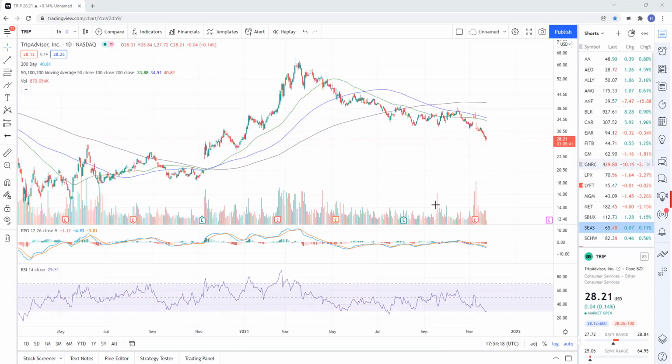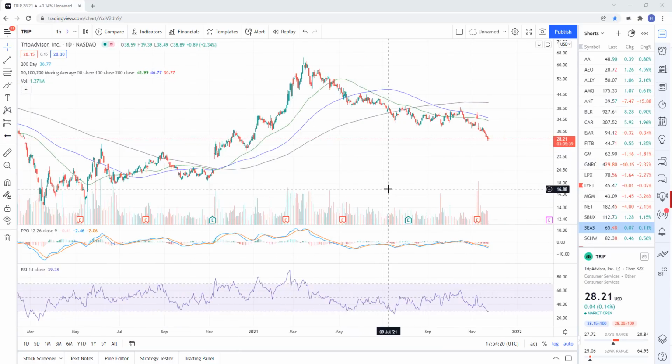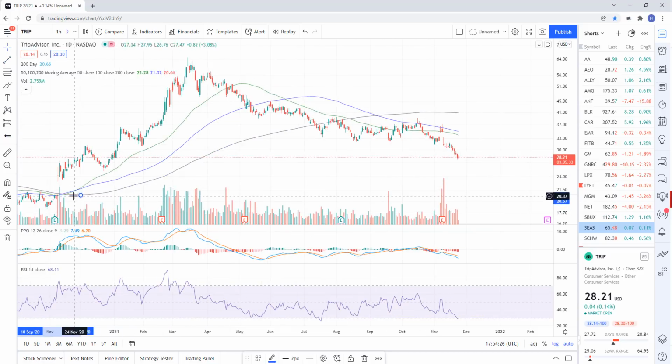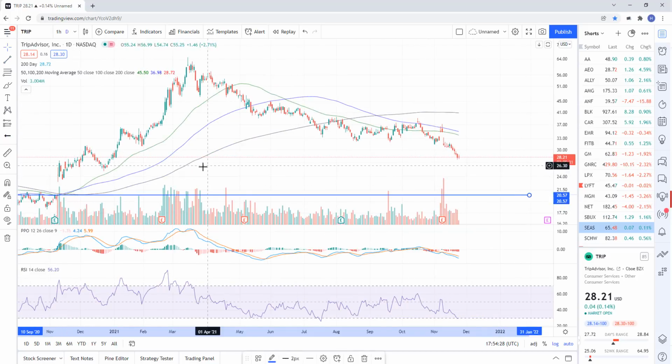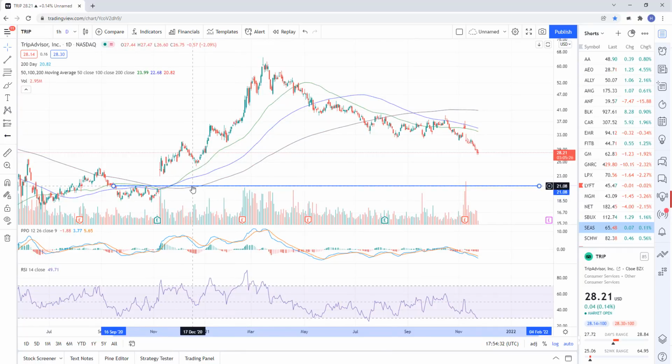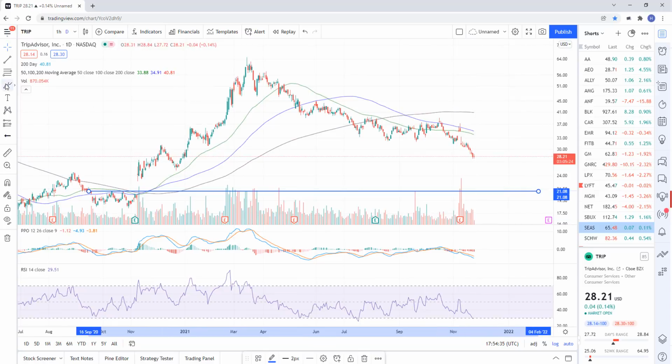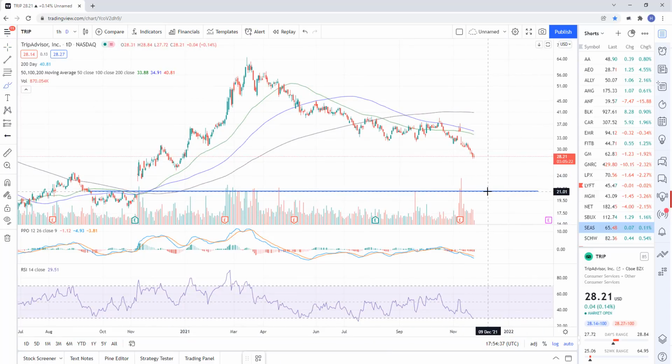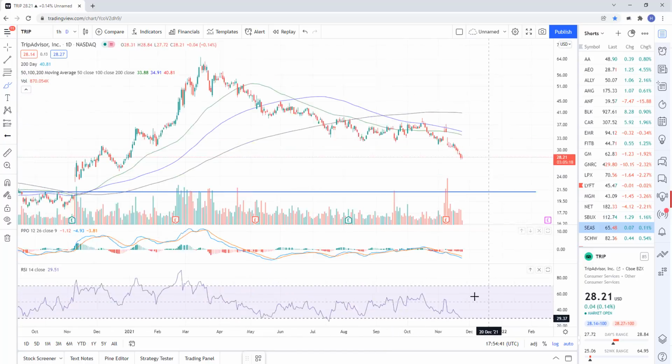Someone wanted me to take a look at some stocks. Here's Trip. The main thing that I'm noticing on Trip, big gap right here. Pretty obvious gap. And it should roll that out. That's probably where Trip's headed. I'd probably go right above just to cover it. So I would be looking at Trip to probably trade all the way down to this level, which is about 21.14.